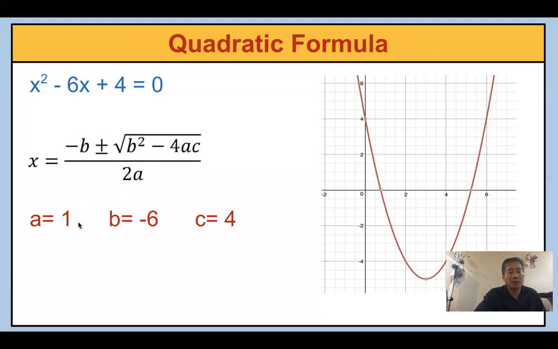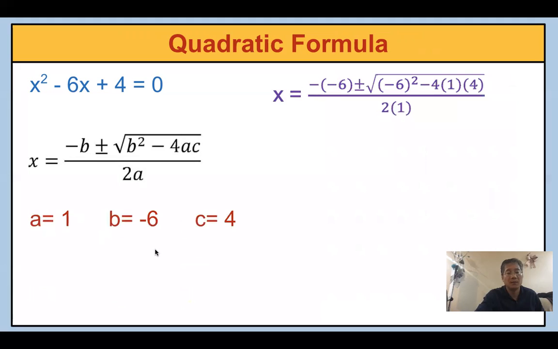Now let's plug in this 1 for A here, B here, C here, right? If you plug in, be careful. When you substitute negative numbers, you better put them in parentheses or you'll be confused.